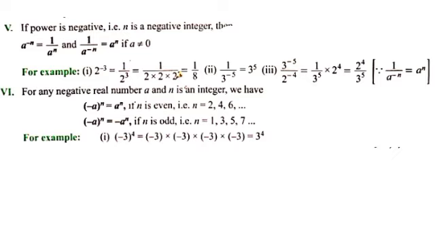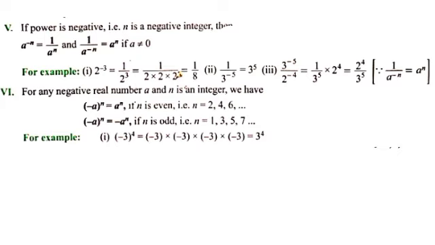This rule is applied only when the number is inside the bracket. If the number is positive and not inside the bracket, and the exponent outside the bracket does not belong to -3, then this doesn't work.